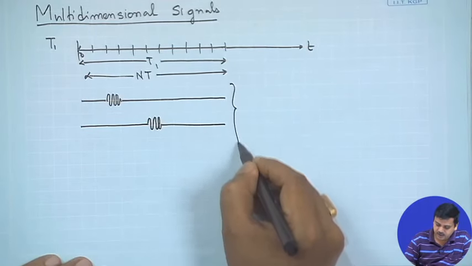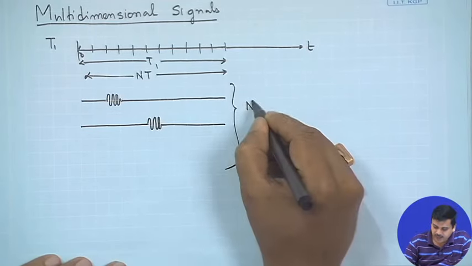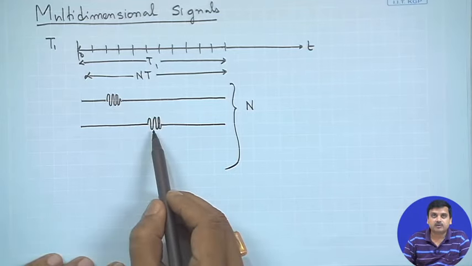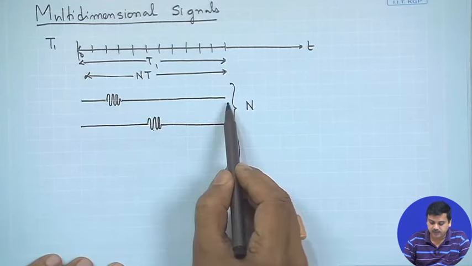In this manner you could have n different signals to choose from, and each of the signals is orthogonal to each other. Orthogonal means that if I multiply two of them and integrate over the period from 0 to T1, I get 0, because where one is non-zero the other is 0.